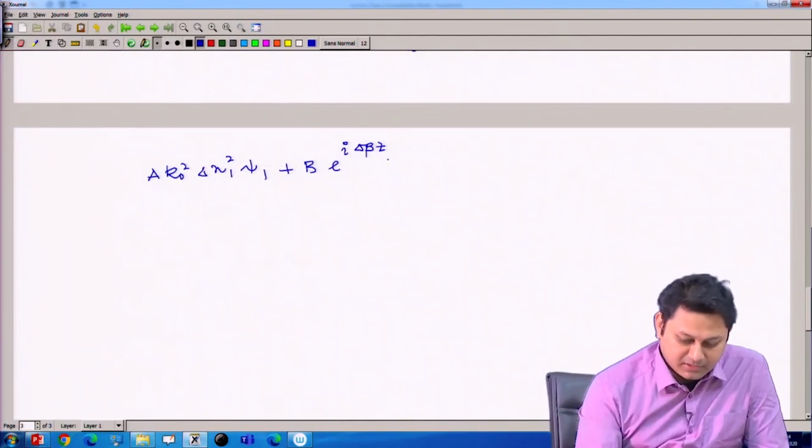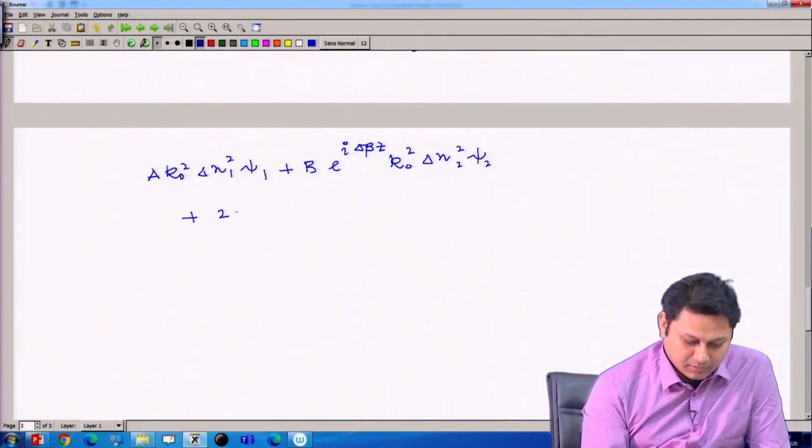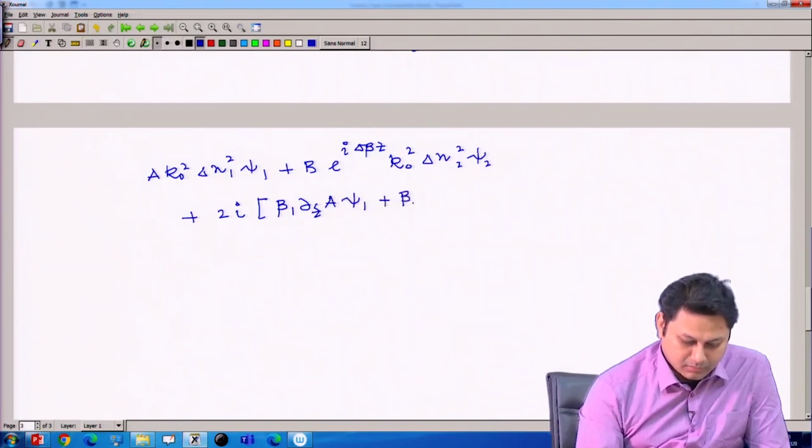What delta beta is, I will show soon. Then delta n2 square psi 2, plus 2 i beta 1 del z A psi 1 plus beta 2 del z B psi 2 e to the power, again, whenever I have B, I have this term.